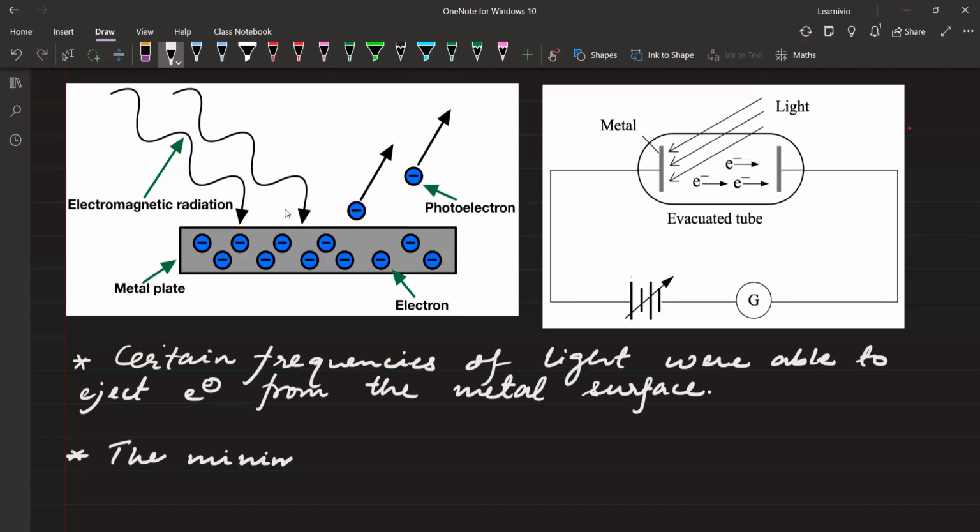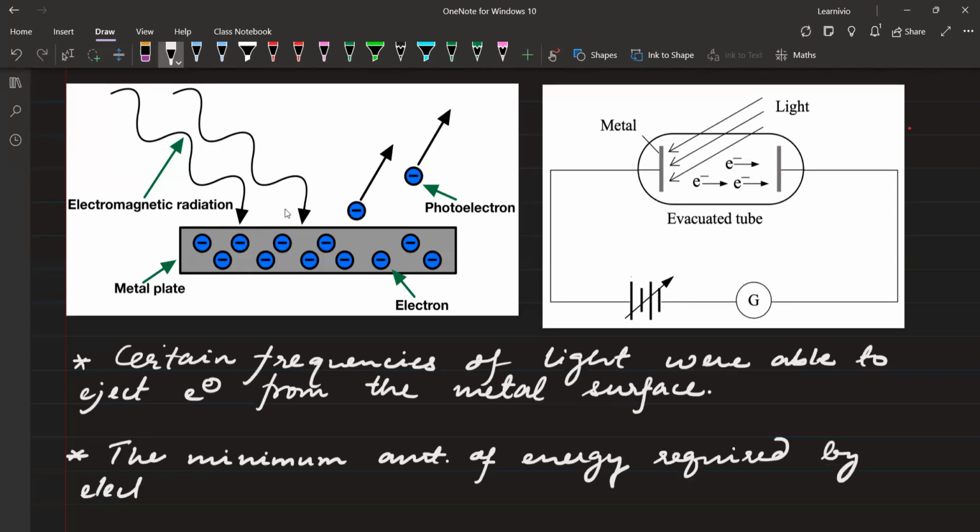The minimum amount of energy required by electron to show photoelectric effect.